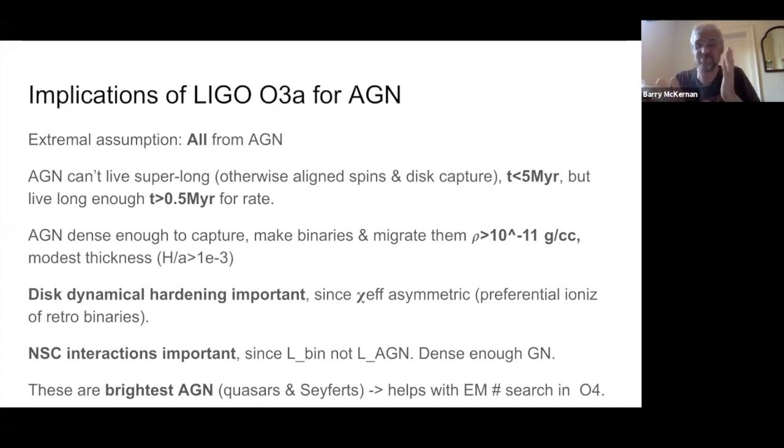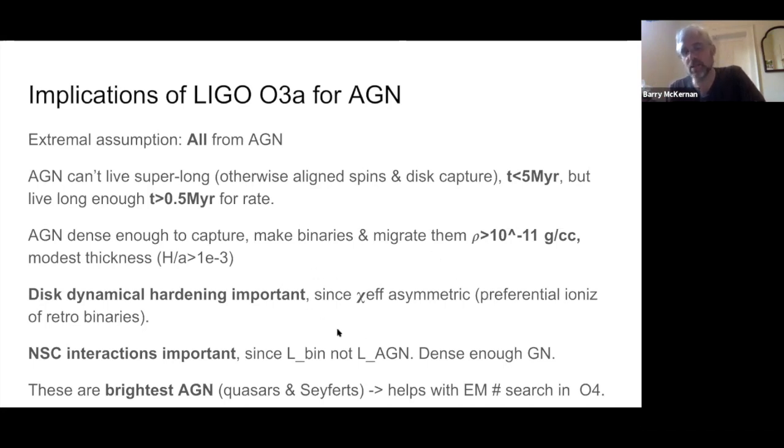So you're saying half a megayear to 5 megayears in duration. AGN gas disks have to be dense enough to capture enough objects from the nuclear star cluster to make binaries, migrate them, and merge them. So we're talking a density of greater than 10 to the minus 11 grams per cc, of modest thickness.